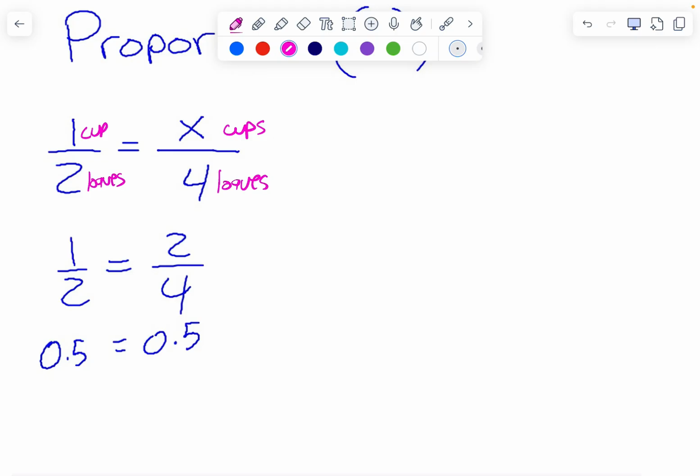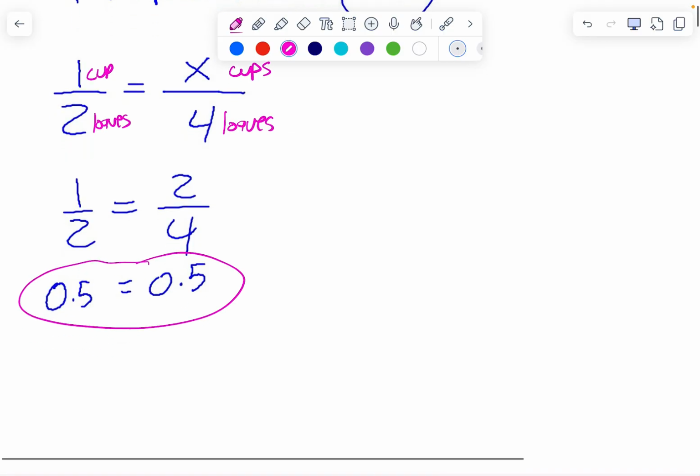Well, that's proportional. And if we boil this down, we're showing that they are equivalent in value, even though they don't look to be maybe on the surface. Okay? Does that make sense? These ones, hopefully to your eyes, 1/2 and 2/4, you pick up pretty quickly that they're equivalent, but that's not always the case. You can't always just eyeball it and say they're equivalent.